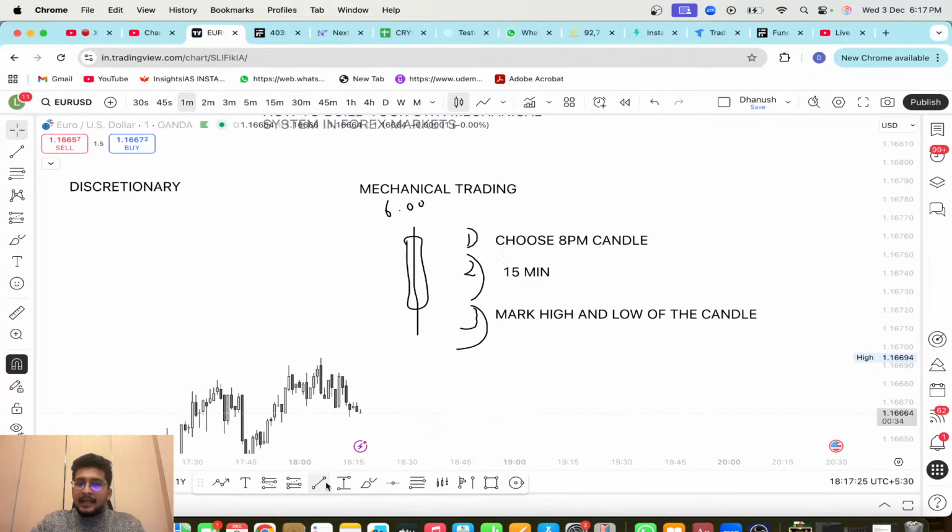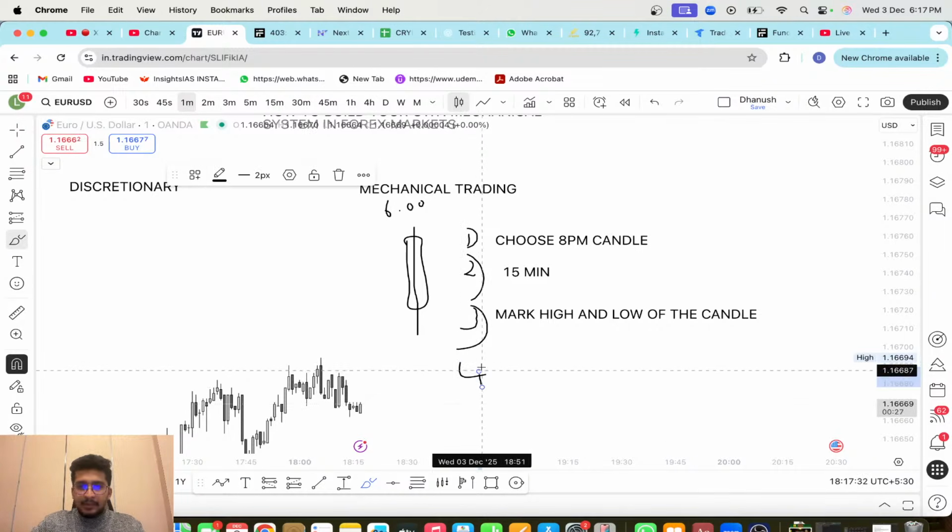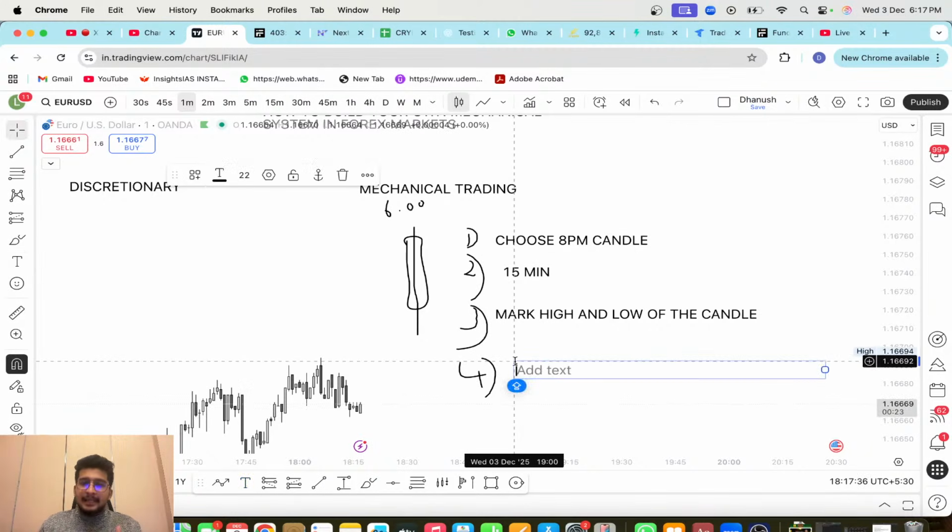So let's say if the high is broken, if the high gets swept, the fourth step, we are looking for the fourth framework. Okay, in the market, if the high is getting swept, so over here, if the high of the candle sweeps, we look for a sell opportunity.